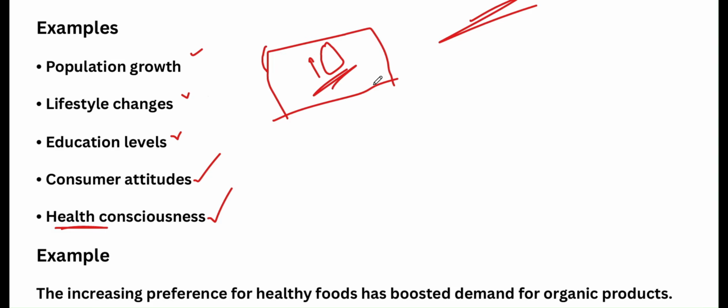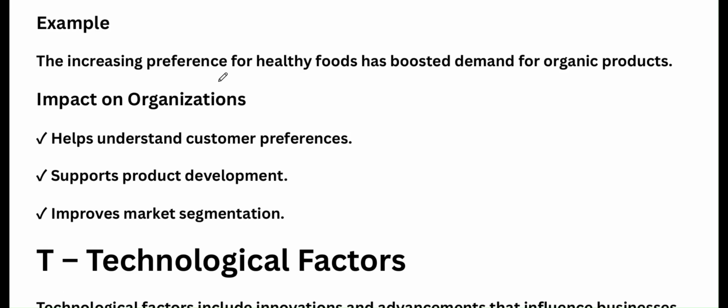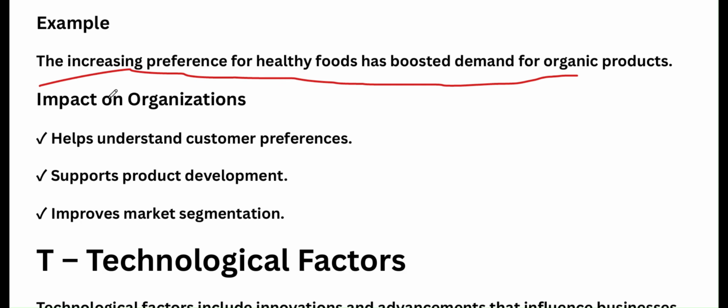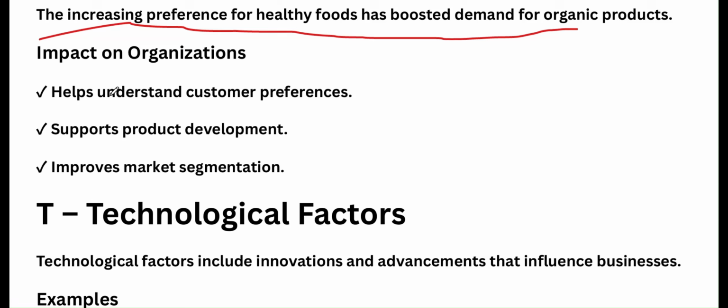If society is demanding that, we have to perform according to it, in order to increase the production and to stay in this society. Okay, the increasing preference for healthy foods has boosted the demand for organic products. That's one of the examples for the social factor.